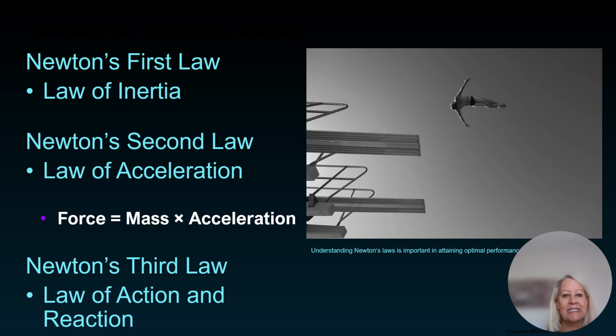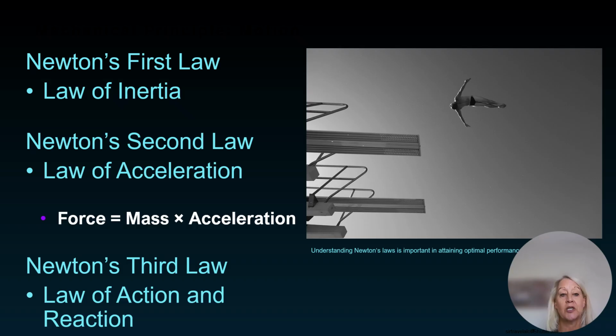In athletics, this highlights the importance of generating enough force to overcome inertia and initiate movement, especially from a static position like sprinting blocks or a vertical jump. Now, the second law, the law of acceleration, states that the acceleration of an object depends on the force applied and the mass of the object.